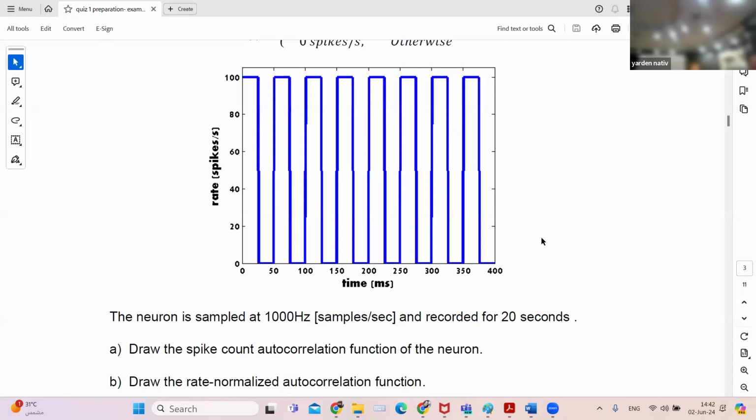If it were a flat line, a homogeneous Poisson process, how many spikes would you have in 1 second? 100, yes. But here, it's not a flat line. So you have 50 spikes per second.